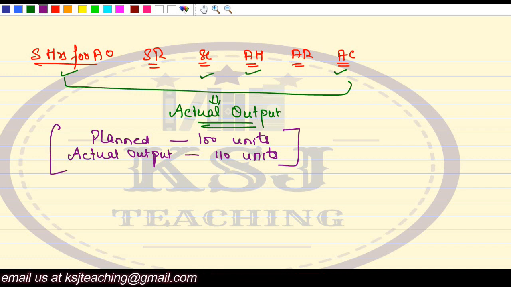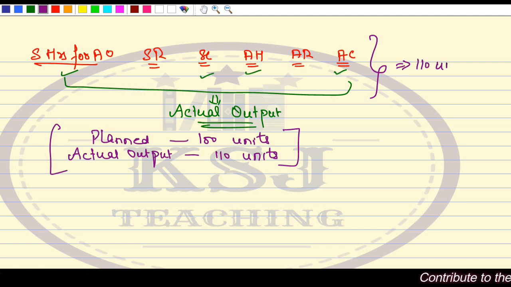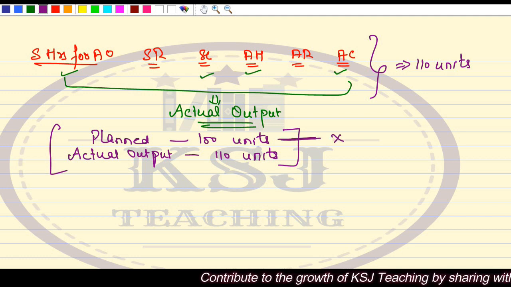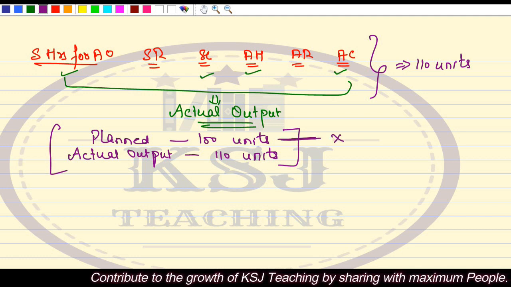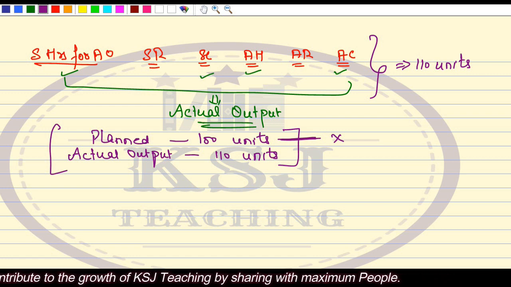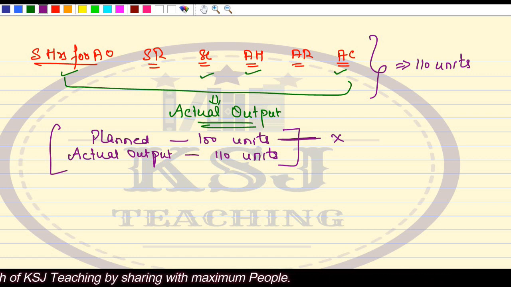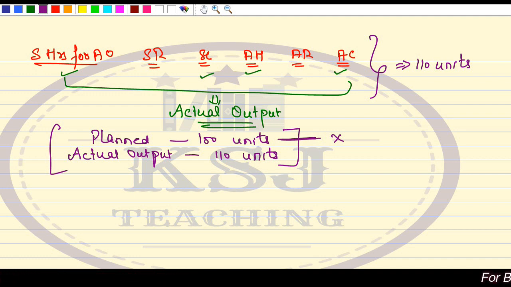Now, when we are preparing this table, we are preparing it according to 110 units. There is no reference to these 100 units. There is no reference at all to what was the original output that we planned for, and what the standards were according to that. We haven't used it anywhere, right? So there is absolutely no discussion on the standard output.